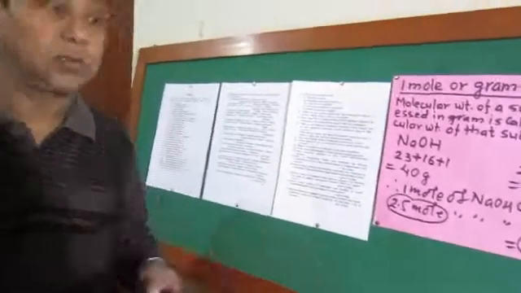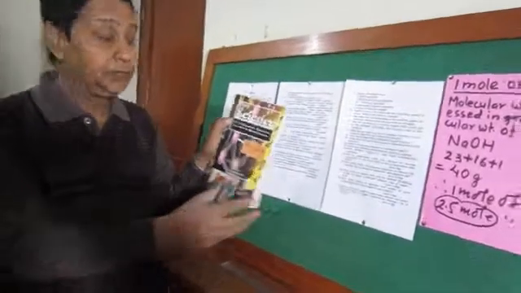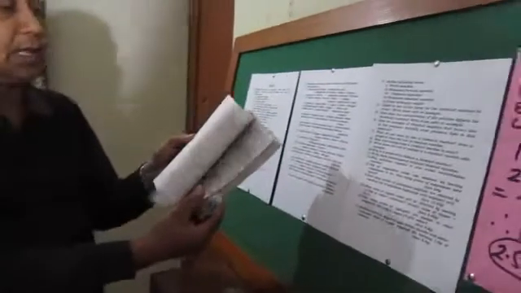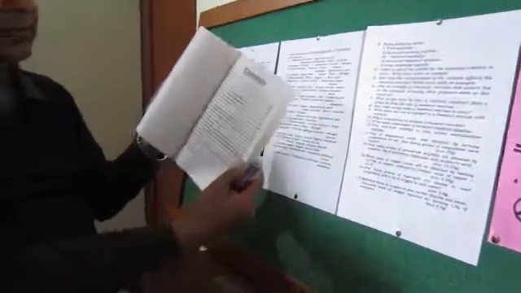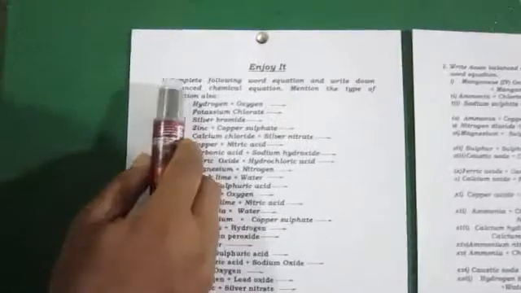I have taken these questions from the book Enjoy Science. Here 25 chapters are given, and one of the chapters is chemical reaction, and in that chapter there is an exercise written as Enjoy It.